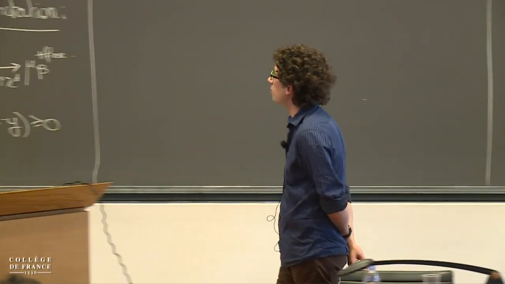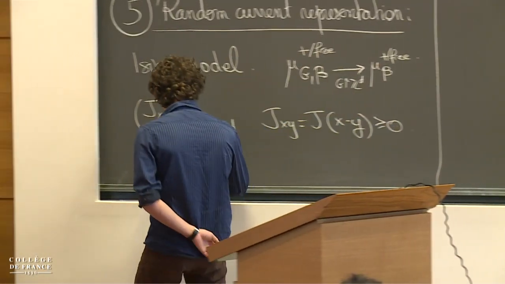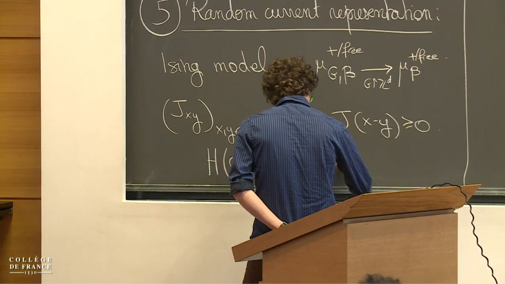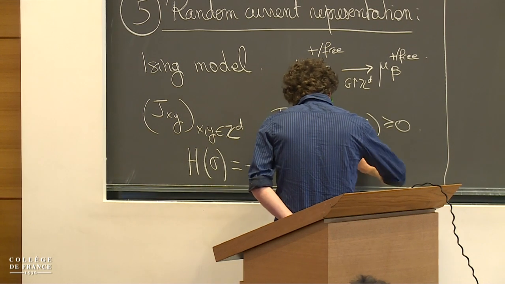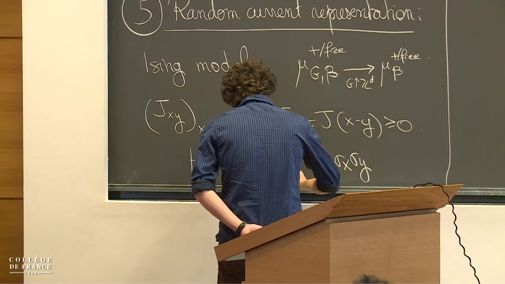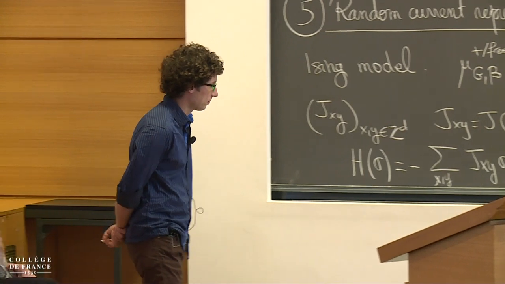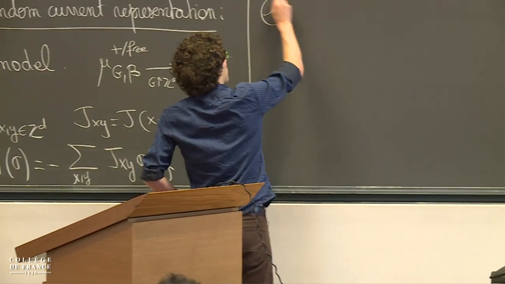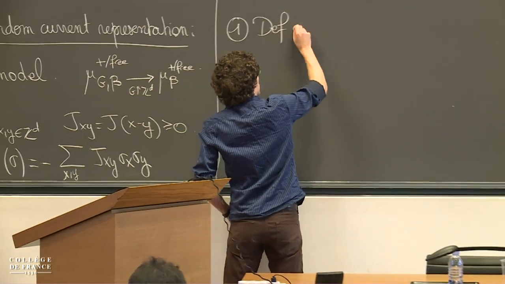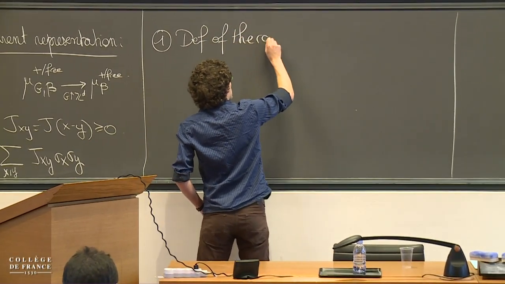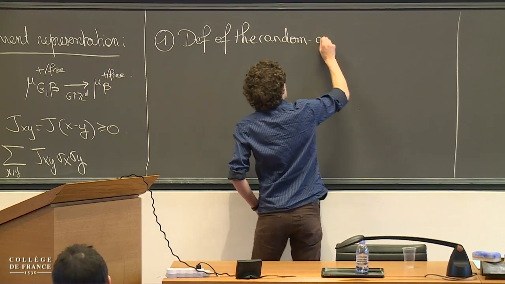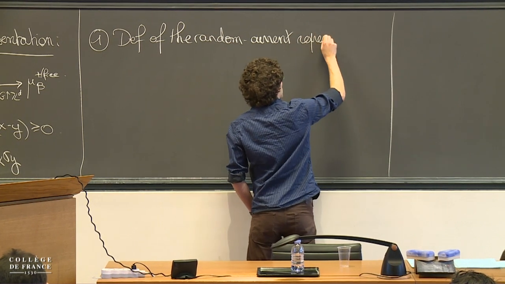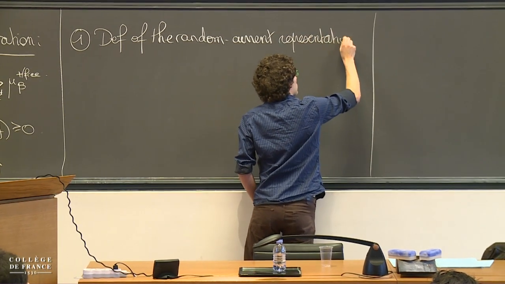So what is this random current representation? Remember, just for those that were not there at the first lecture, the Hamiltonian is just going to be that. Okay, so what is the random current representation? It's a very, very simple observation, which is based on the following fact.